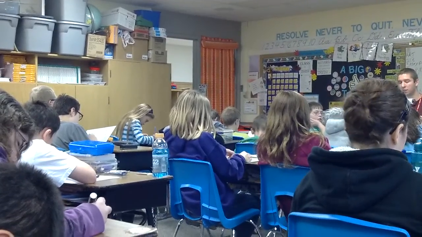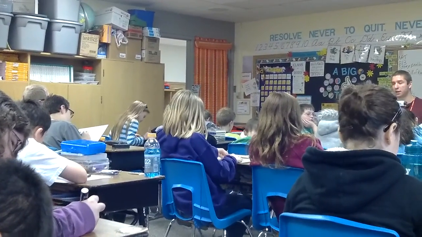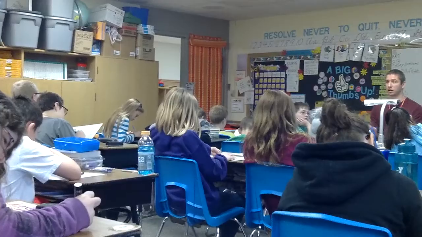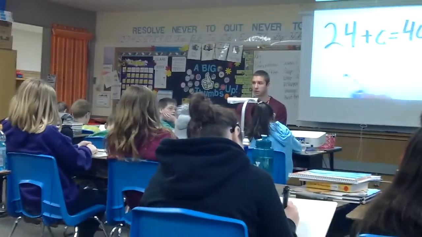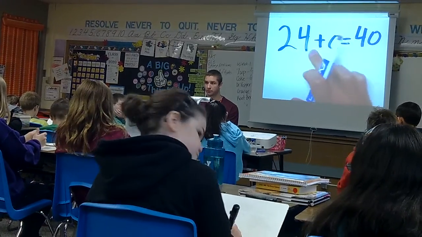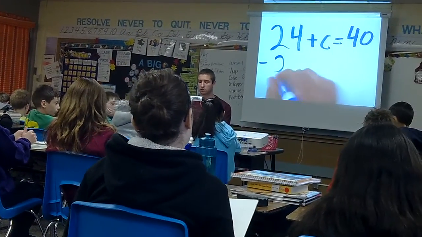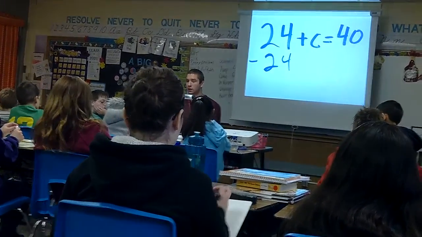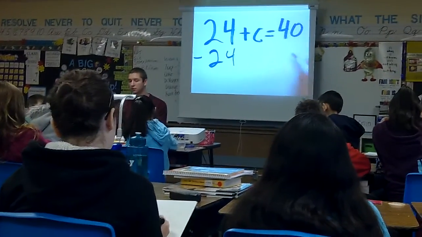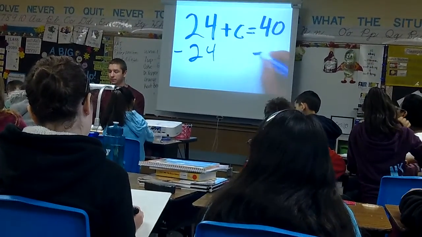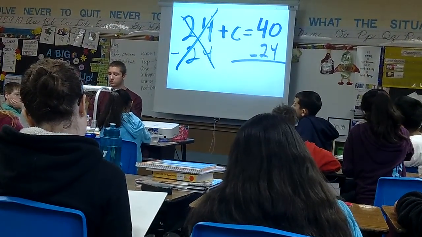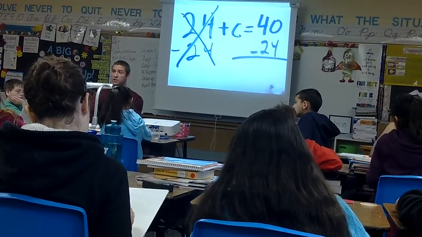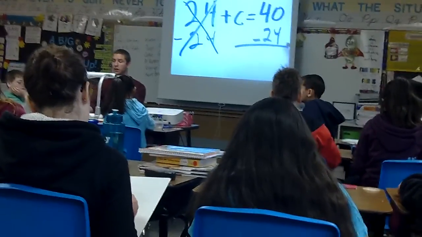I want you guys to make sure you know that you were trying to get C by itself on the left side, right? Okay, and we have to do the opposite of this symbol on this side first, right? So you subtract 24. And you get this to that side, so you've got to do it to this side again, right? I got C equals 26. 26. Let's work it out.